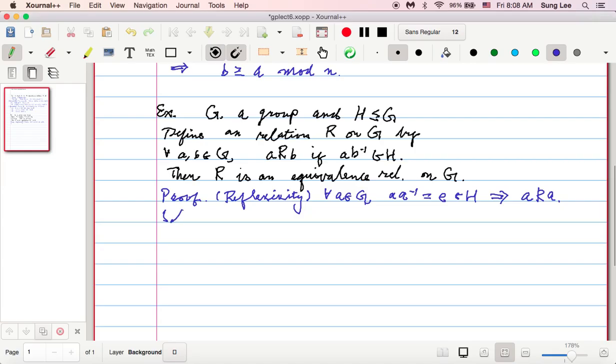Symmetry. This time I'm going to pay attention, so I don't end up doing transitivity like before. For any a, b in G, if a is related to b, we want to show that b is also related to a.